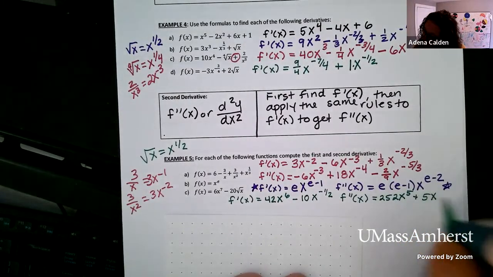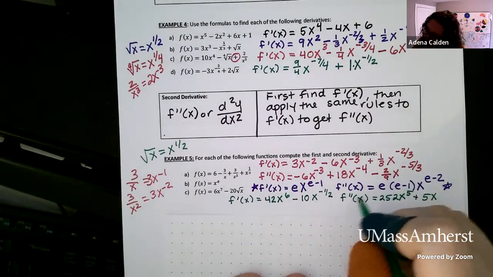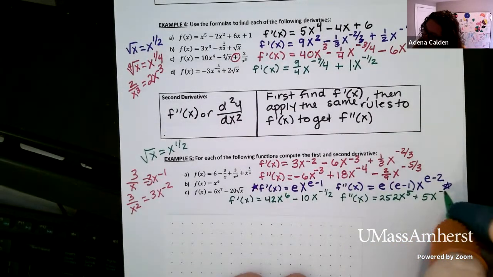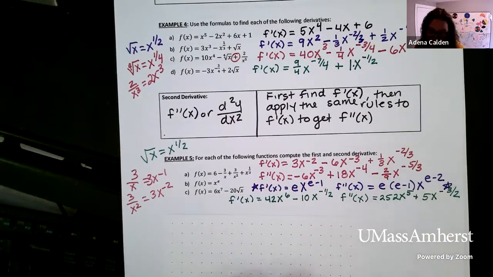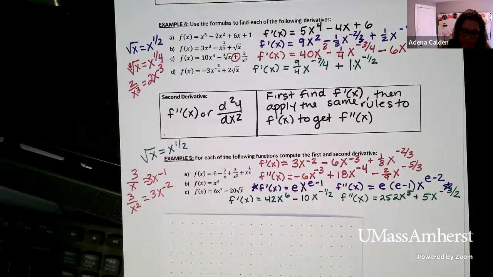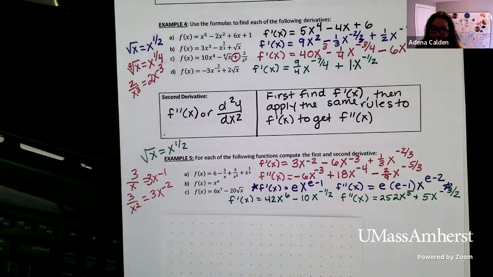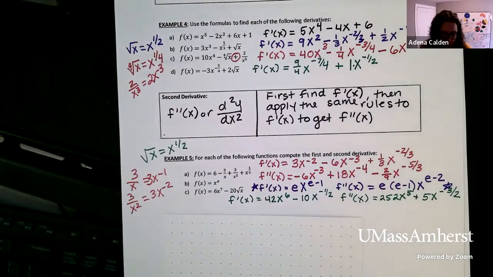Half of 10 is 5. And then negative half minus 1 is to the negative 3/2. Okay, so that's what the second derivative looks like there. So when you're trying to figure out second derivatives, just remember you go through the first derivative and then we're using the same strategies that we were before.